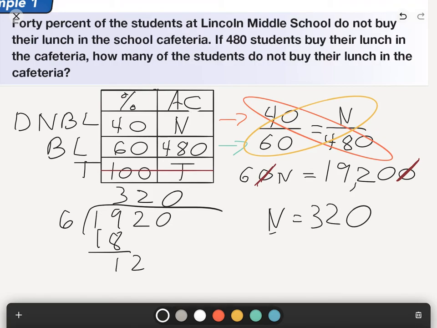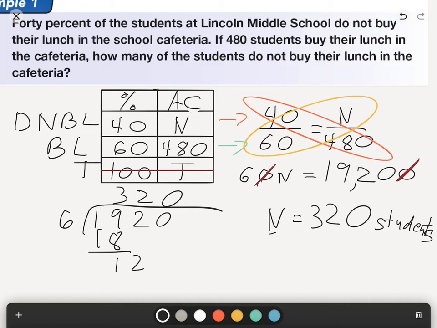Yeah. 320 students that do not buy lunch at Lincoln Middle. Yeah, so 320 will not get you full credit on a test. 320 students probably gives you credit on a test because I'm a big softie.